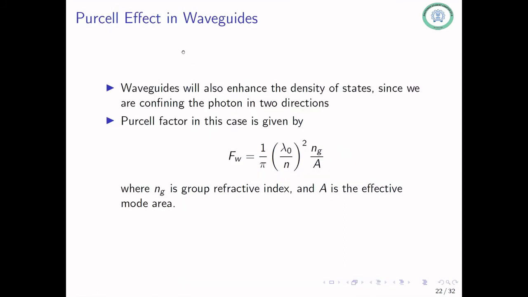Now we'll come to the Purcell effect in a waveguide. In a waveguide also, your density of states is enhanced because we are confining the photon in 2 directions. So in this case, your Purcell factor is given by a slightly different expression, which comes similarly.